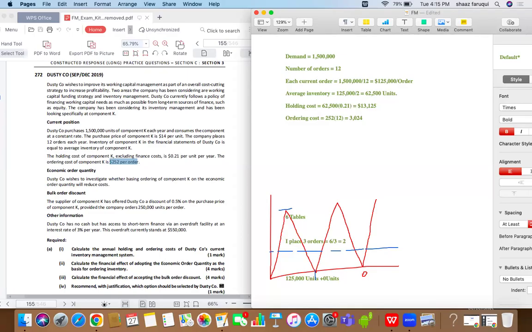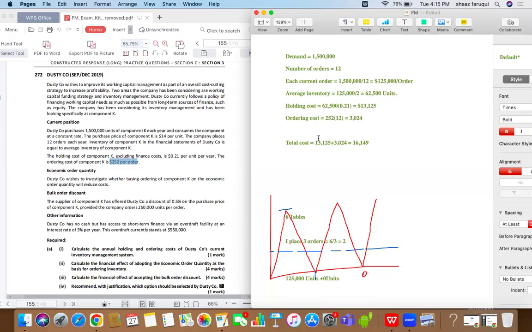Ordering cost is 3,024. So the total cost related to inventory is 13,125 plus 3,024, which is 16,149.